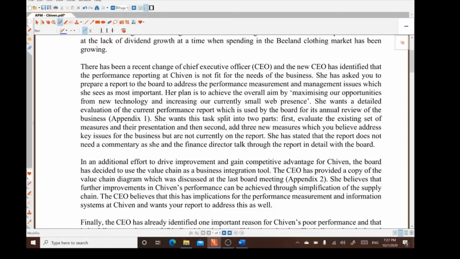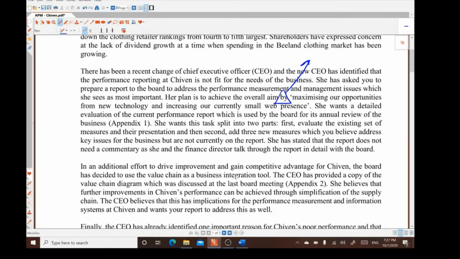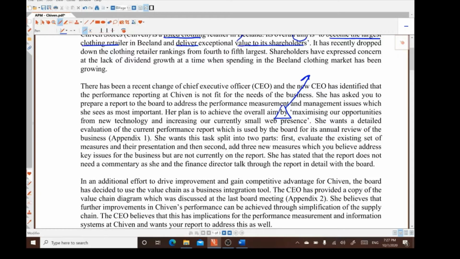Now, her plan is to achieve the overall aim by maximizing. So class, when I say they are here to achieve the aim by, or through, we know these are all the strategies, and that's what we know as the S. That is to maximize the opportunities from the new technology and increase our currently small web presence.